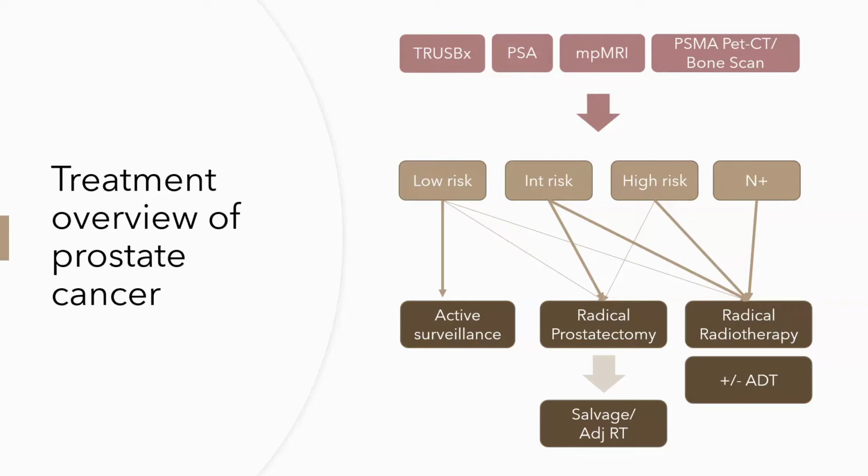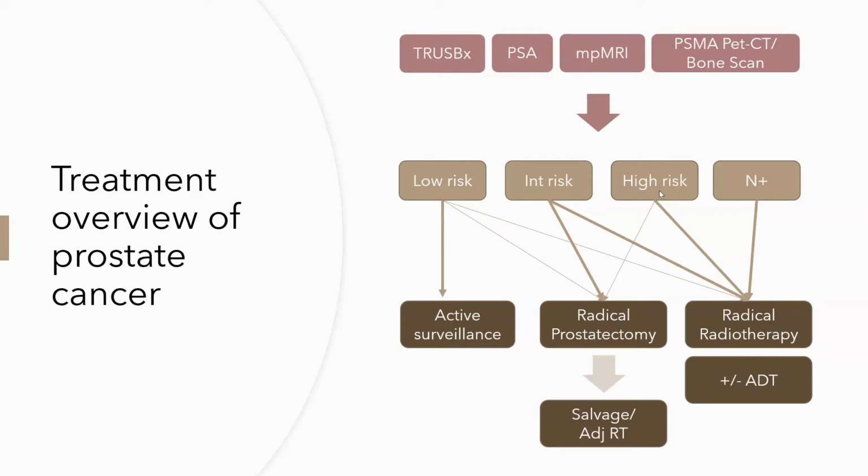In intermediate risk disease, you do have to treat the patient, either with radical prostatectomy or with radical radiotherapy. Both are equivalent options, and ideally, a patient should be seen by a urologist and a radiation oncologist, and the pros and cons of each approach discussed, and the patient can then decide.